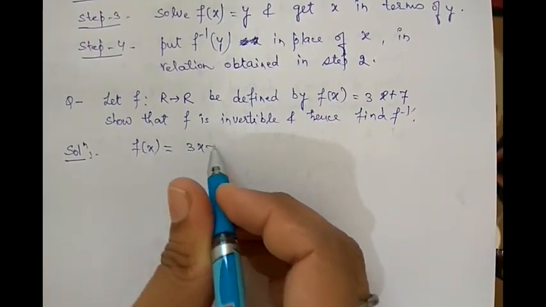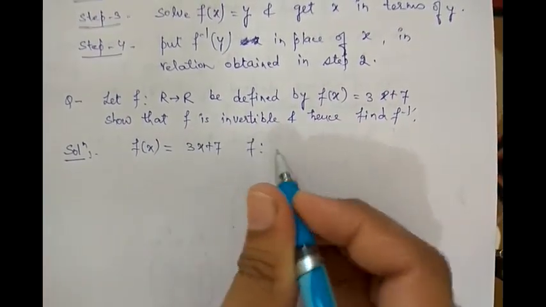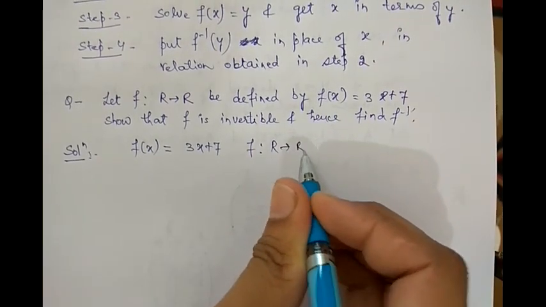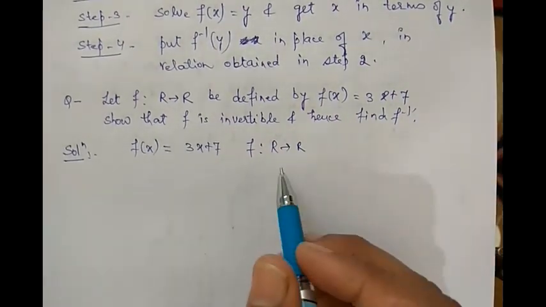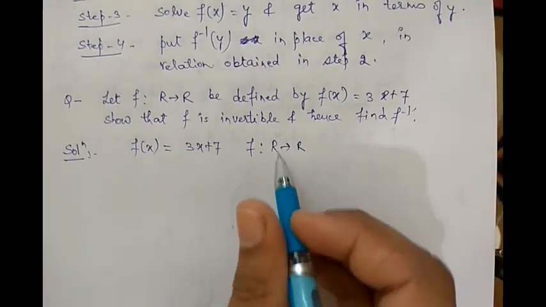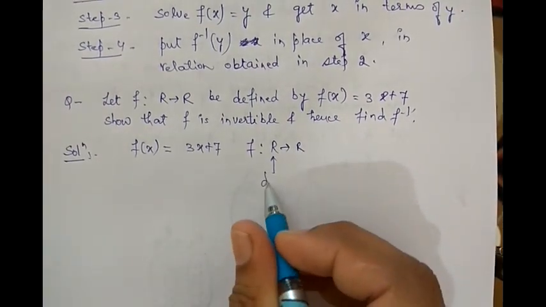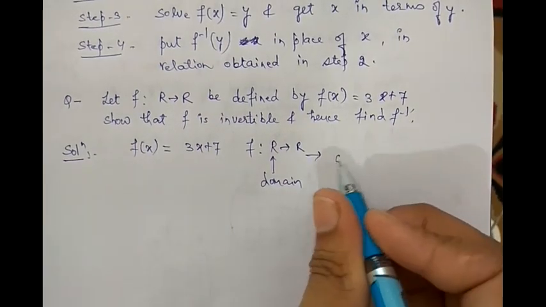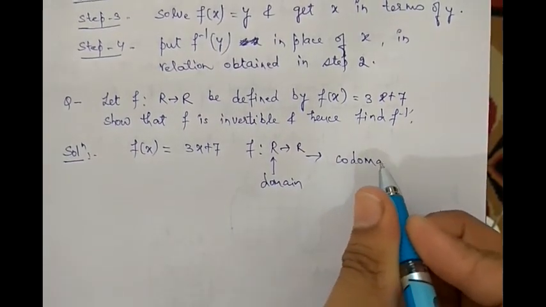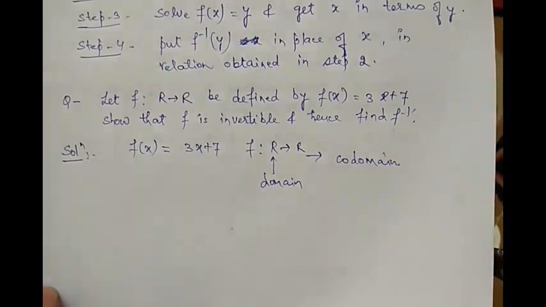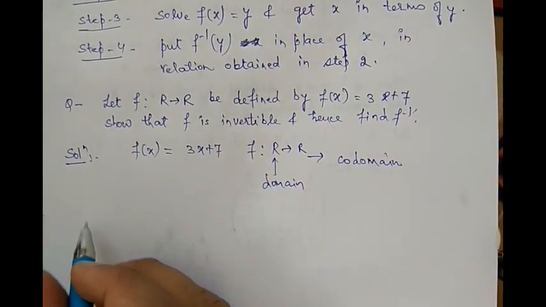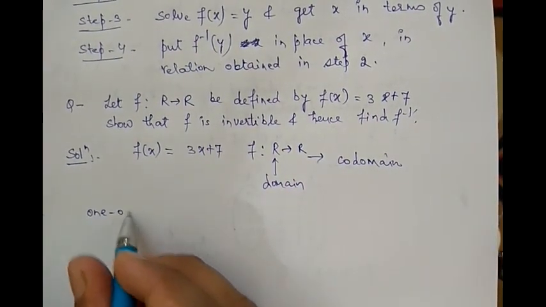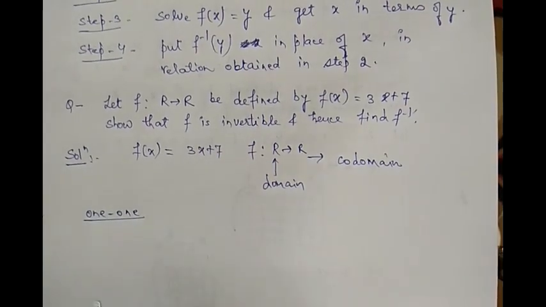This is 3x plus 7 and f is defined from R to R. So this R is the domain of the function and this R is the codomain of the function.